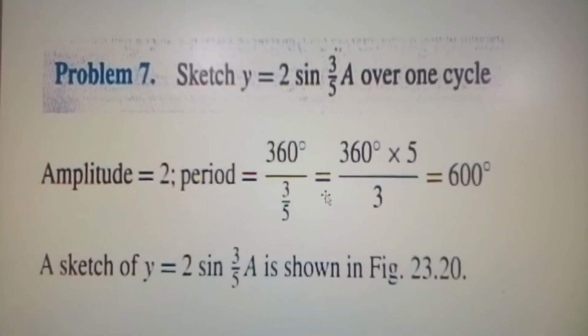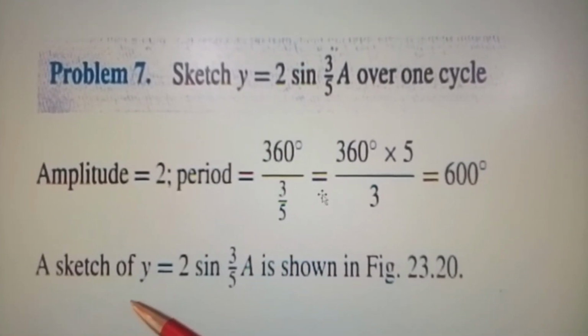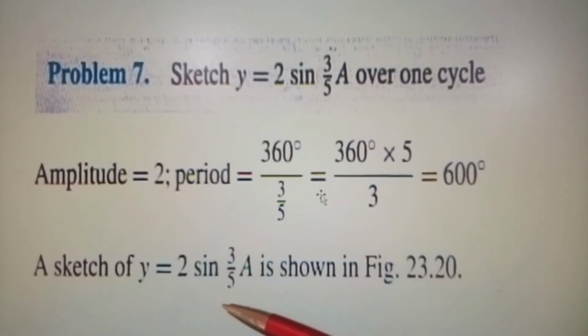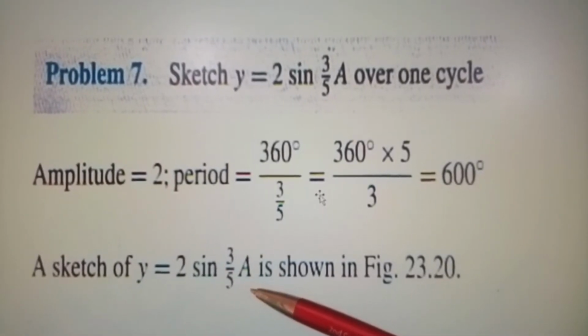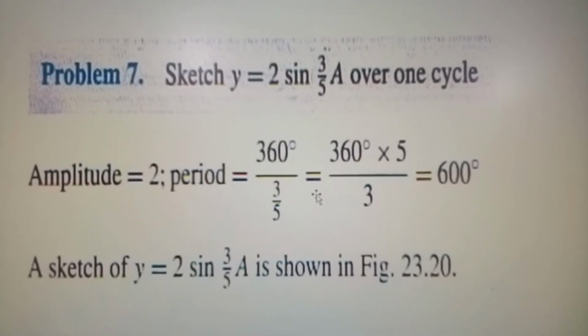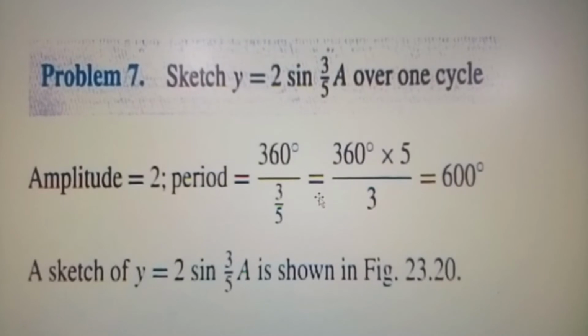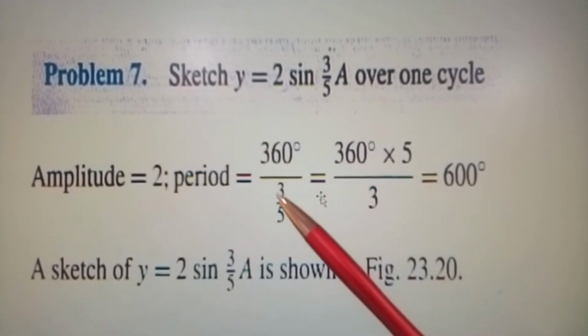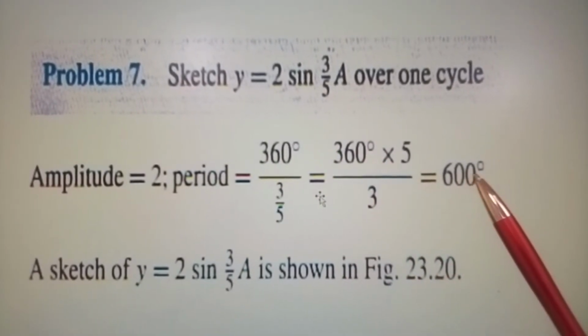Now a sketch of y equals 2 sine 3/5 A is shown in figure 23.20. Make sure that you've done this calculation for yourself so you understand how we got to 600.